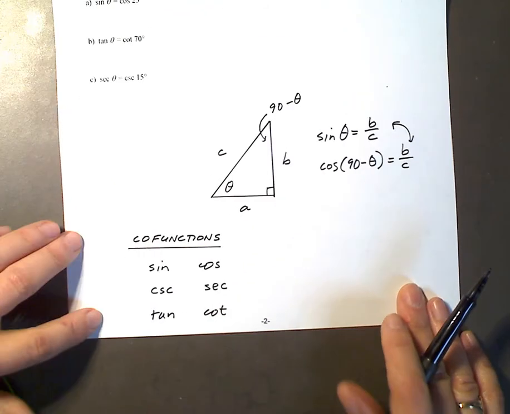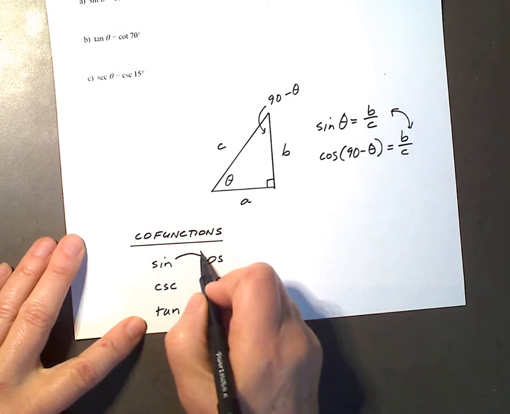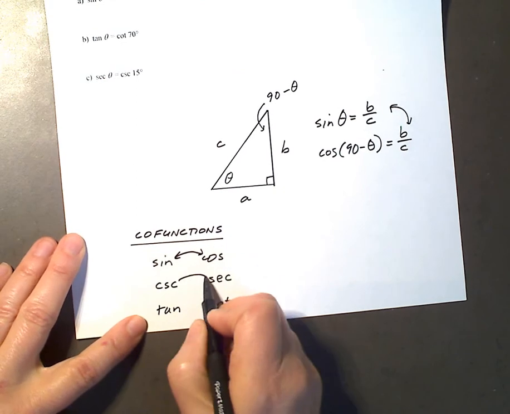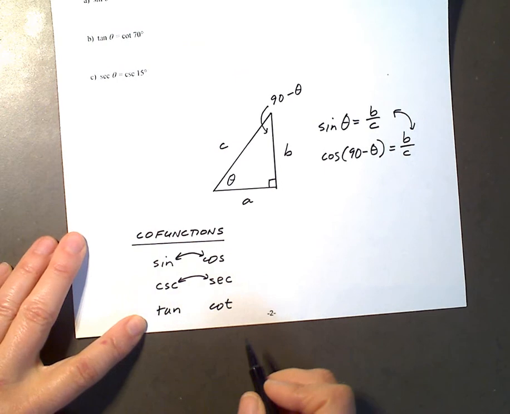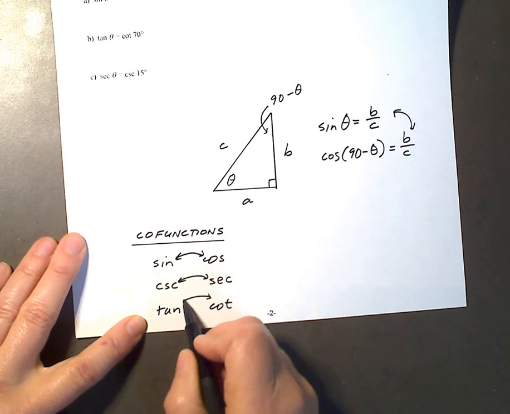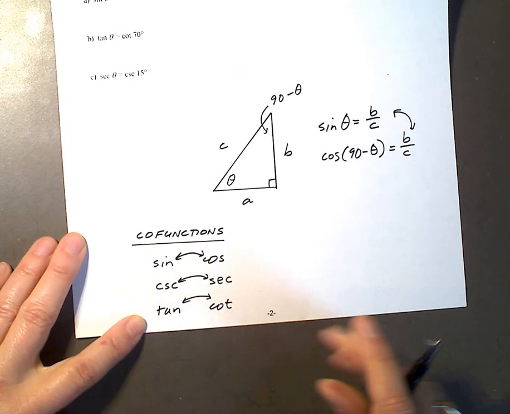This works in both directions for sine and cosine. Those are cofunctions, and their reciprocals are also cofunctions of each other, cosecant and secant. And then tangent and cotangent are both reciprocals and cofunctions.